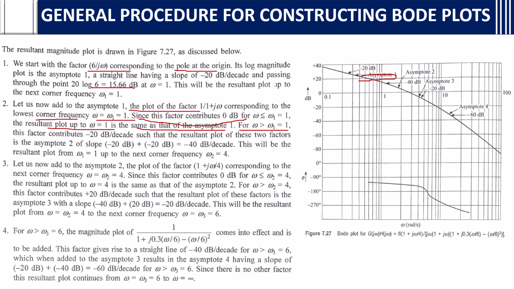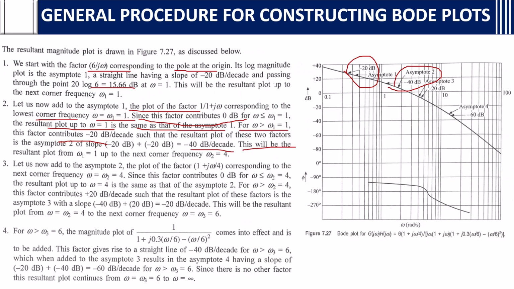For omega greater than omega 1, it becomes minus 20 dB decay, such that the resultant plot of these two factors is asymptote 2. The resultant minus 20 here, again minus 20, so minus 40 dB per decade.